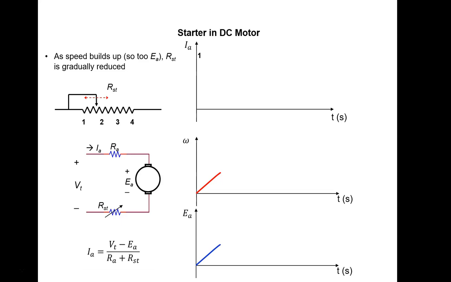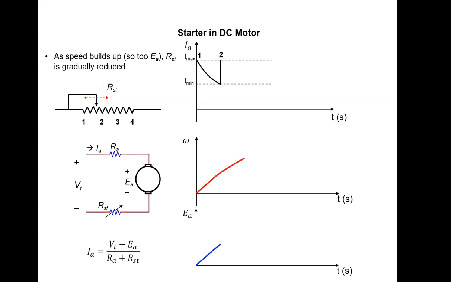And according to the equation of the armature current, as EA increases, the current will reduce. When the current reaches the minimum value Imin, the position of the wiper is changed to 2. When the wiper is at position 2, the value of RST is such that the armature current gives the maximum value of Imax.